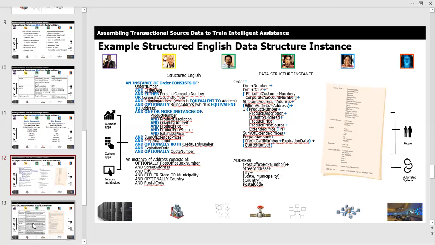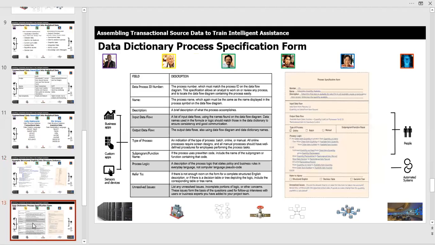All right. And then the last thing I wanted to do, again, because you're going to have data structure instances of both transactional data requirements as well as analytical data requirements, the last thing I want to do is show you, and this is another slide that comes from the requirements course, the data dictionary process specification form.